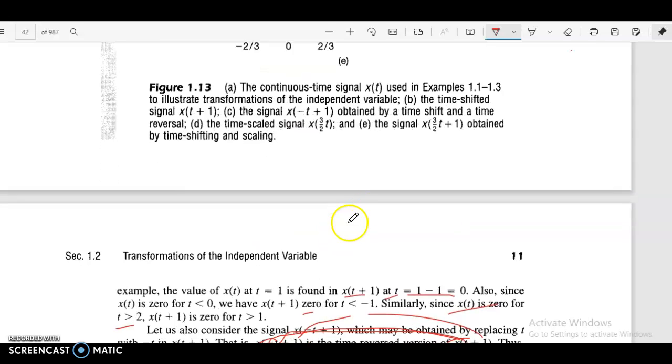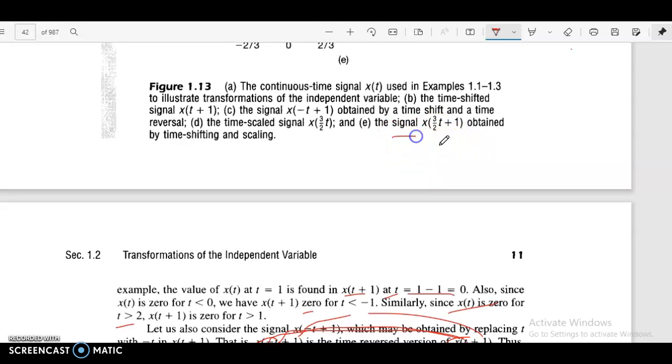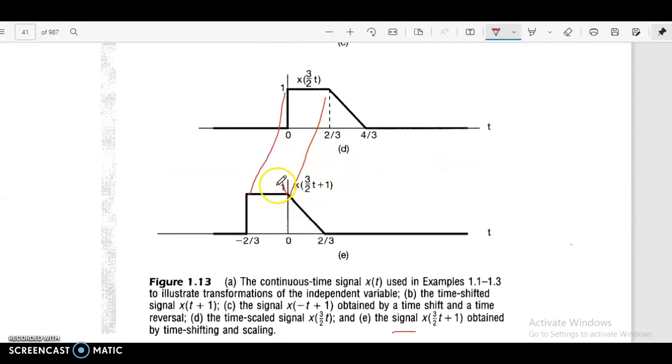What is happening here? The signal x of 3 by 2 t plus 1 is obtained by time shifting and scaling. Time shifting means this is the shifting.